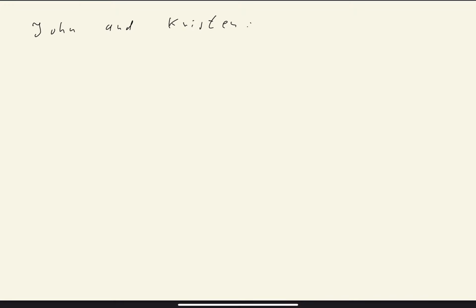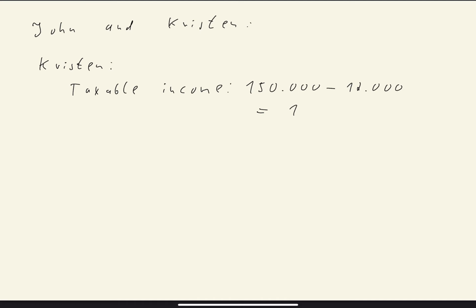For Kristen, the taxable income would be her total gross income, which was 150,000, minus 12,000, which is equal to $138,000. So this is her taxable income. Then we apply the tax schedule for single filers again on this taxable income, and then we calculate the tax liability.